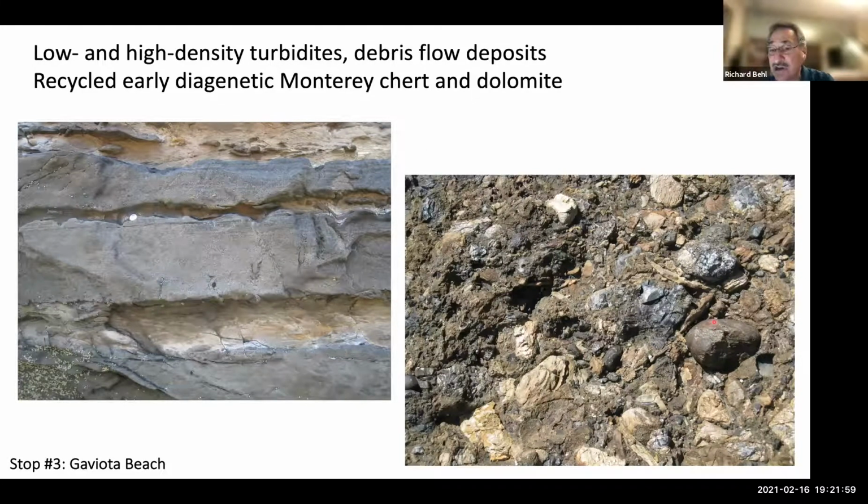The large clasts, as you can see here, are perhaps cherts and dolomites that come from the Monterey, and they tell us this amazing history of rapid and deep burial, then uplift, then erosion, then transport and redeposition back in deep water again, all within just a few million years.